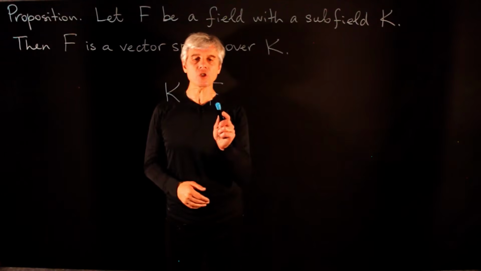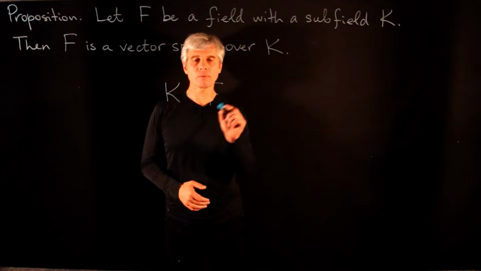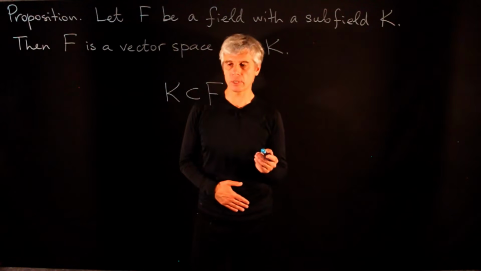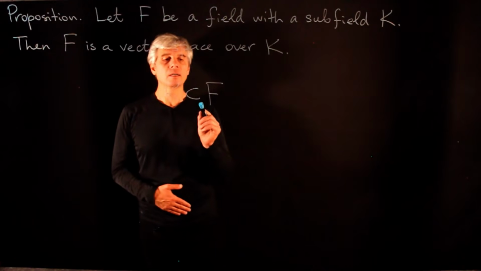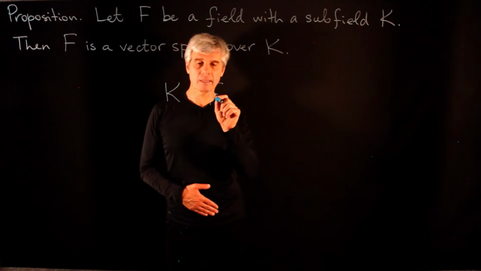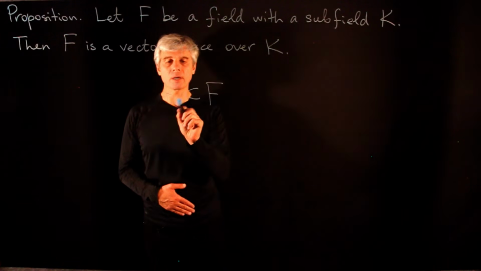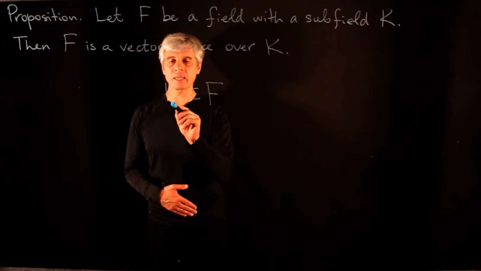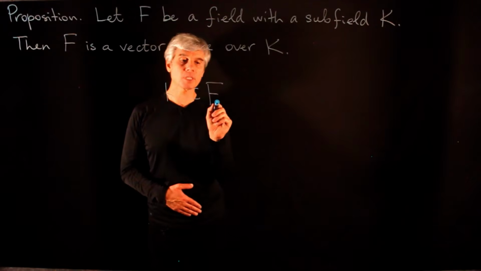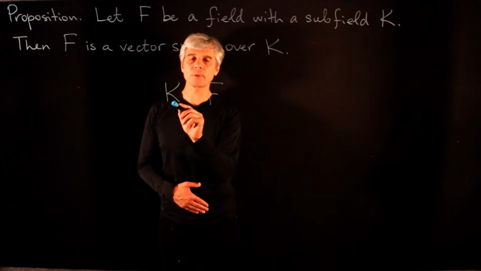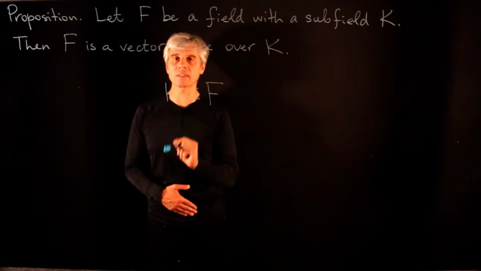And then addition of elements of F, we interpret as addition of vectors. And so now we're going to forget that these vectors can be multiplied. We only remember that we can multiply elements of F by elements of K, which is a subset of F. And so this will be the operation of multiplication of a vector by a scalar.